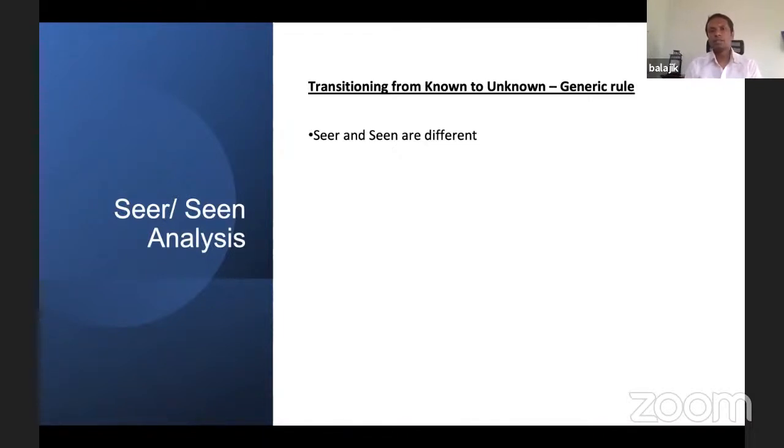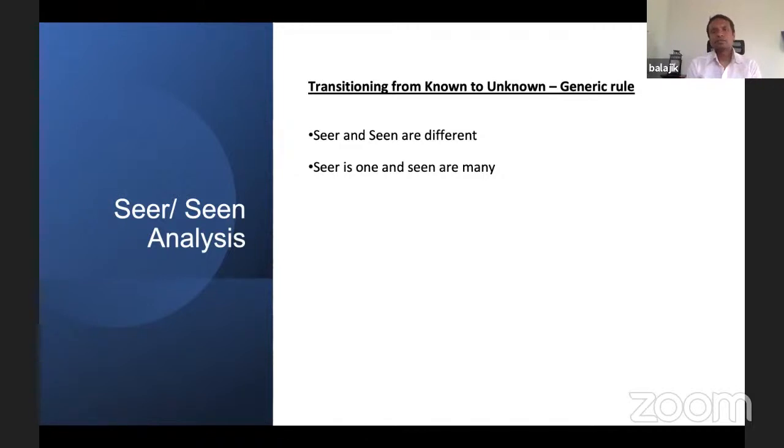So we took an example of I, and we said I is the seer. I is seeing multiple different things. So I is the subject here, and multiple different things are all the objects. So both are different, and I don't think there should be any confusion, it's pretty clear here. Seer is one, and seen are many.